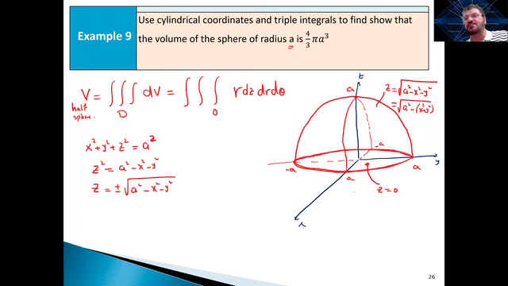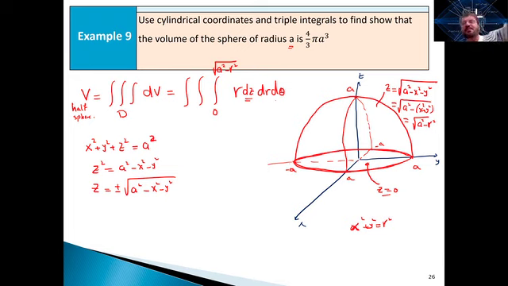Okay, z is from 0 to z equal to what? In polar, we know that x squared plus y squared is equal to r squared, isn't it? So this is a squared minus r squared. So z starts from 0 to the square root of a squared minus r squared.